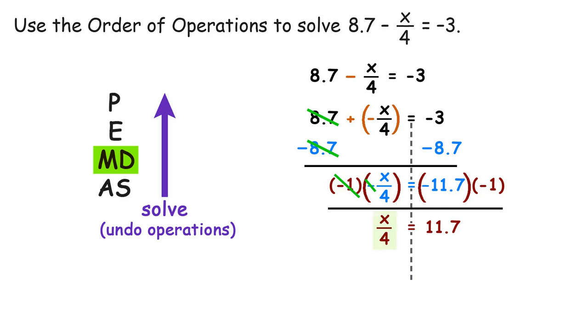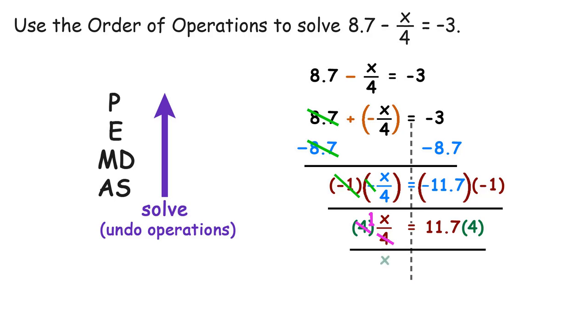We can clear the fraction on the left side of the equation by undoing the division. To undo divide by 4, we need to multiply by 4. And to keep the equation balanced, we also multiply the right side by 4. Again, working from left to right, we can cancel the 4's because 4 divided by 4 is 1, and 1 times x is just x.